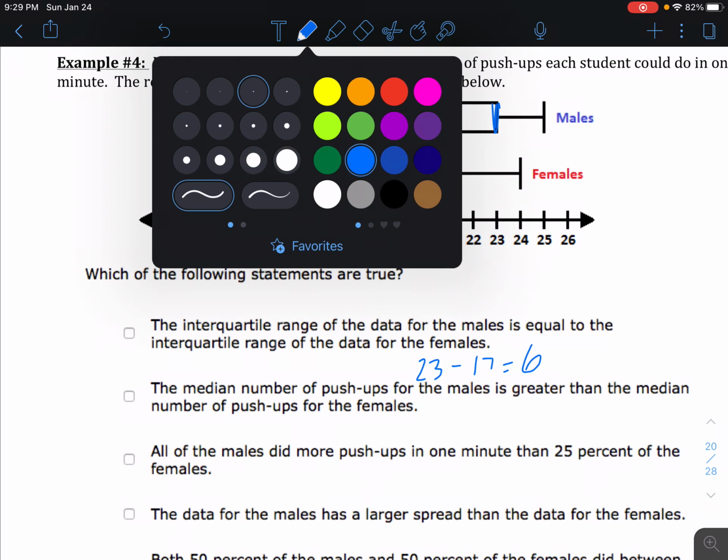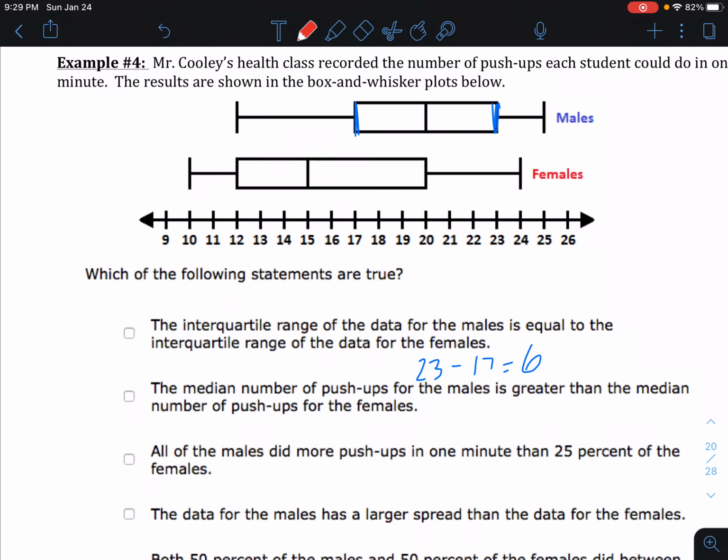Let's do the females in red. Their interquartile range is 20 minus 12, is 8. So that is not equal. So, yeah, the IQR for the males is definitely not equal to the IQR for females.